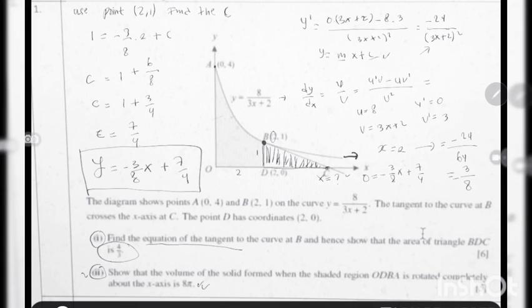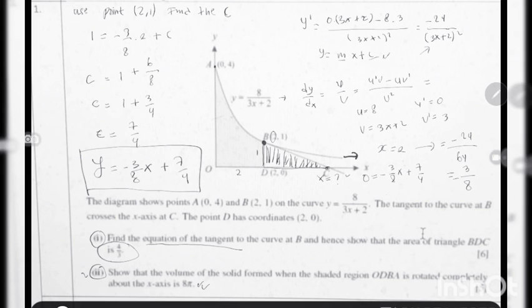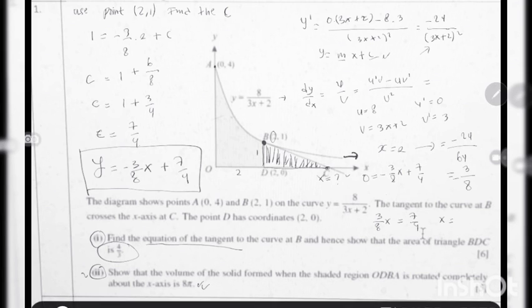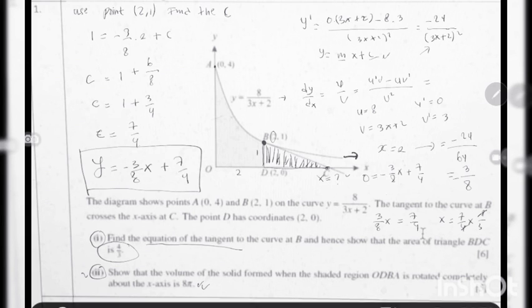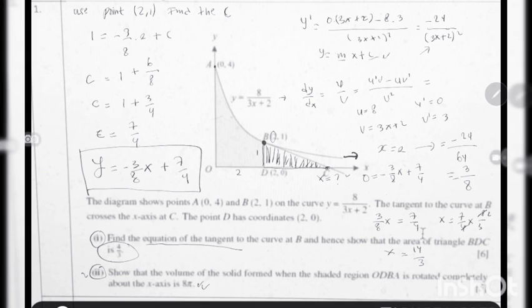So it means that 3 over 8x equals 7 over 4. Then our x equals 7 over 4 multiplied by 8 over 3, so the 4 and 8 simplify to 2, giving 14. So our x equals 14 over 3. So our x here is 14 over 3.